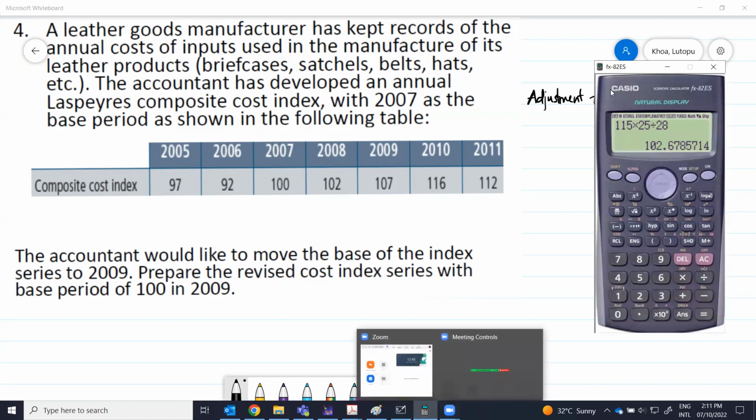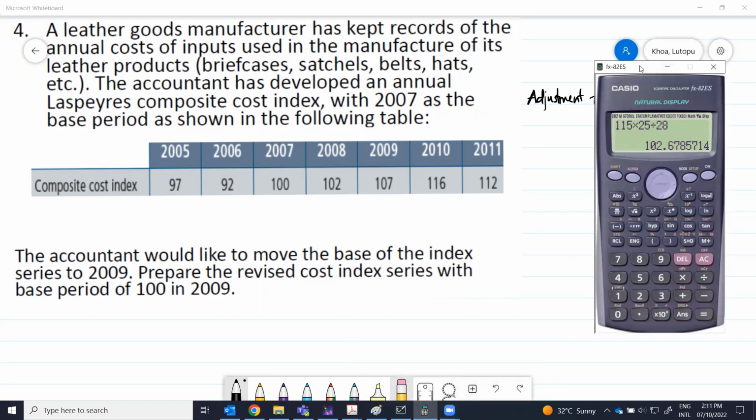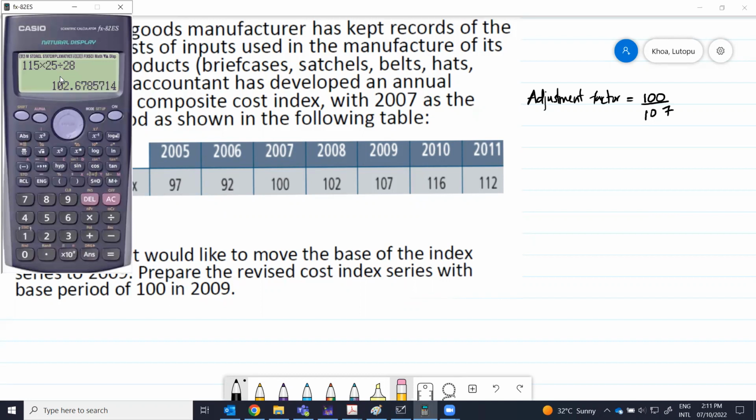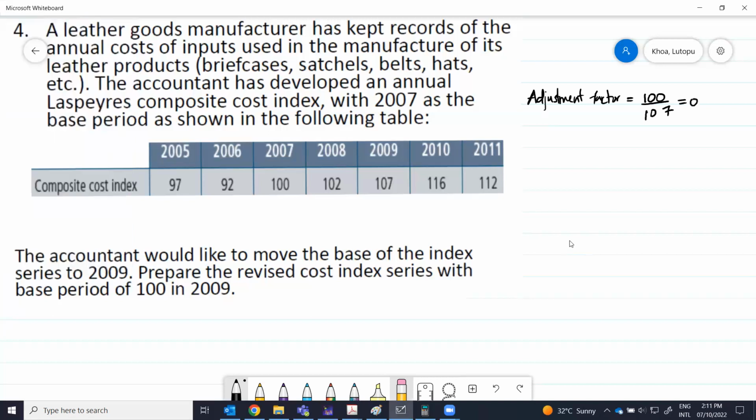And this is just 100 divided by 107. Okay, I'm going to make it 0.93. So each of these I'm going to multiply by 0.93, and this I will call the revised composite cost index.